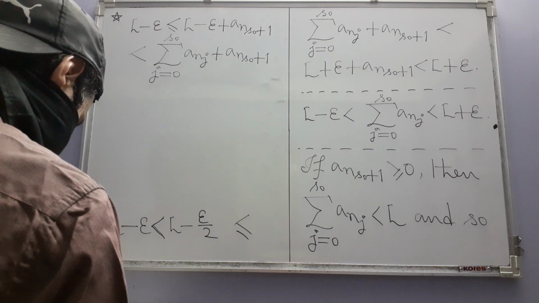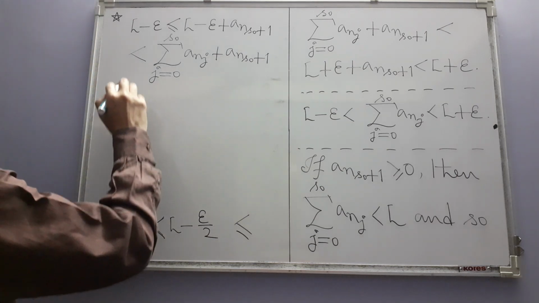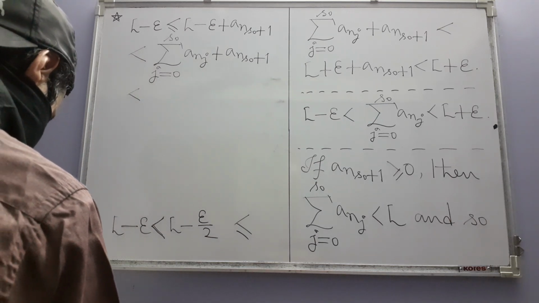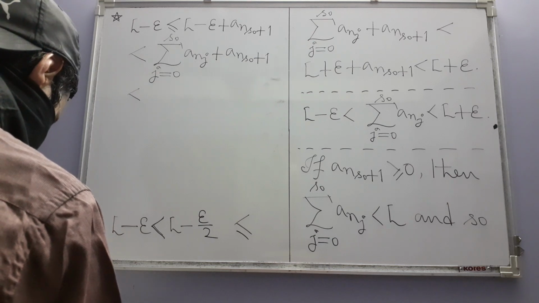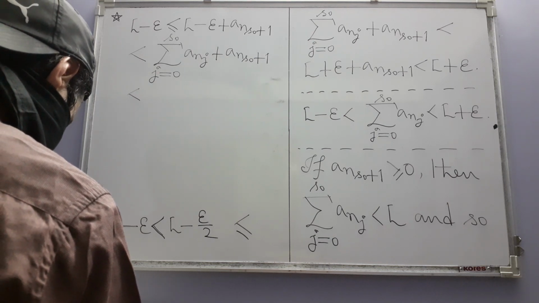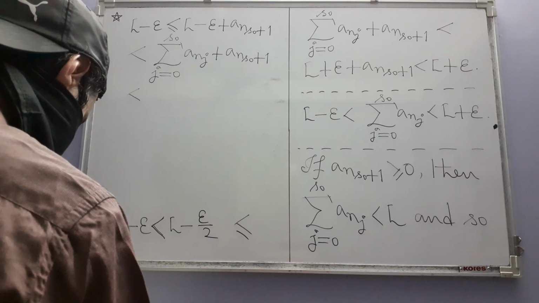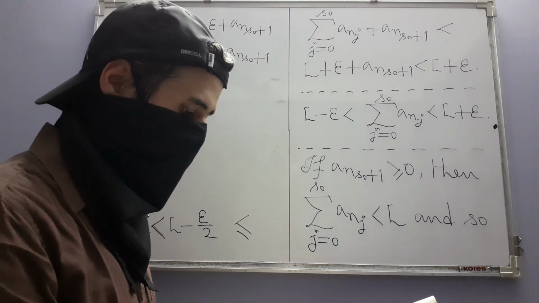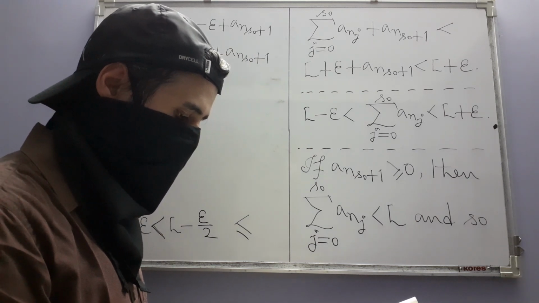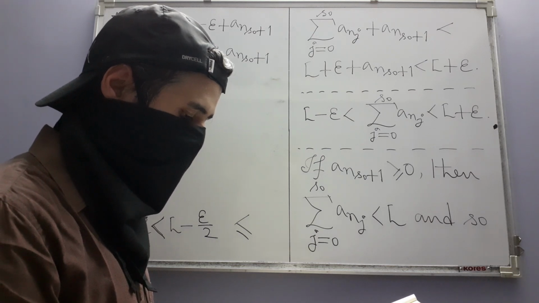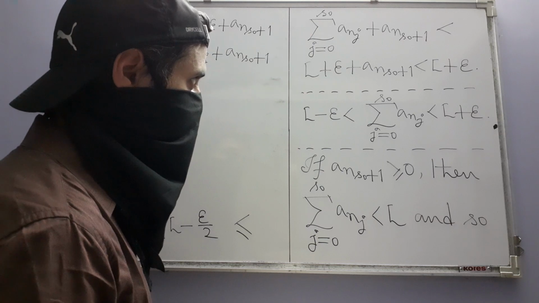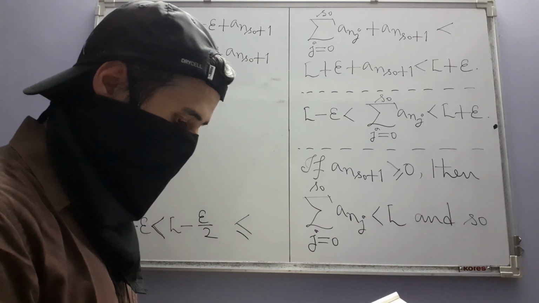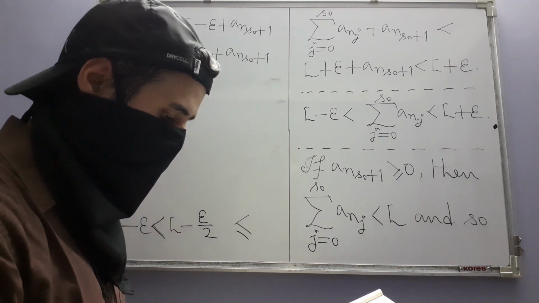Then how does it go further than this? But this itself is less than, now what I have here does not look correct. What I am writing here is that this is less than L plus a n s naught plus 1.